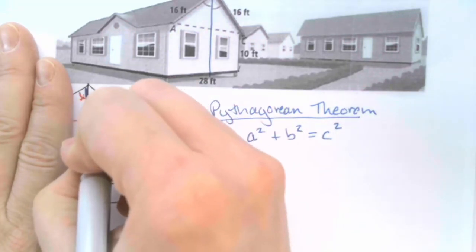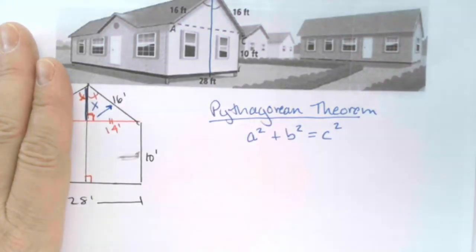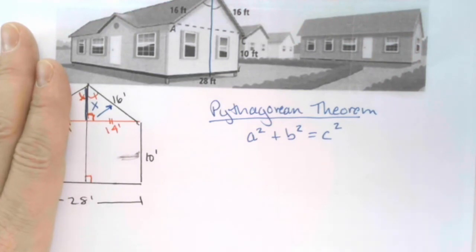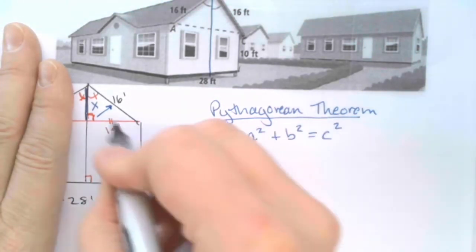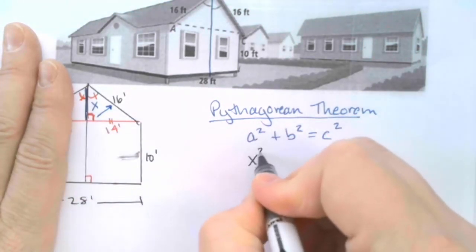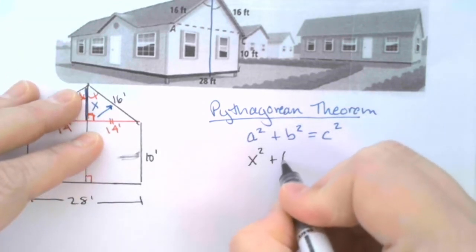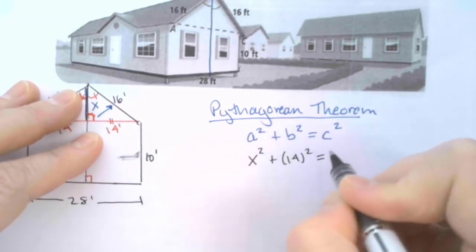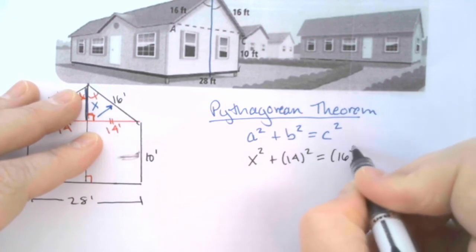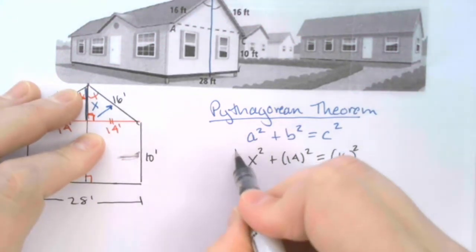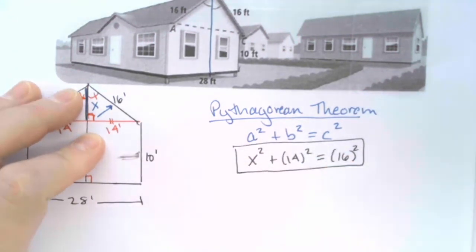And remember, the hypotenuse is always the side opposite the 90, so that's the 16. So we fill our numbers in. I'm going to use x for a, so x squared plus my other leg, which is 14 squared, equals the hypotenuse, 16 squared. There's our equation.